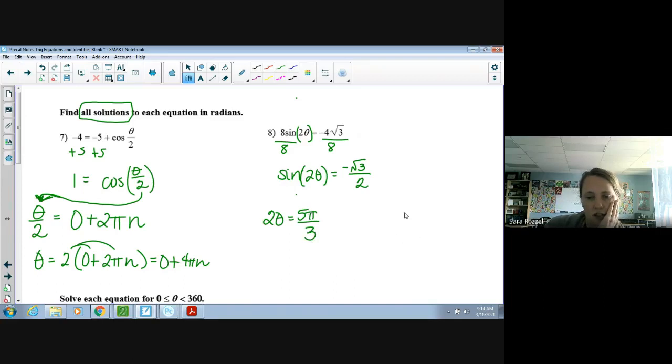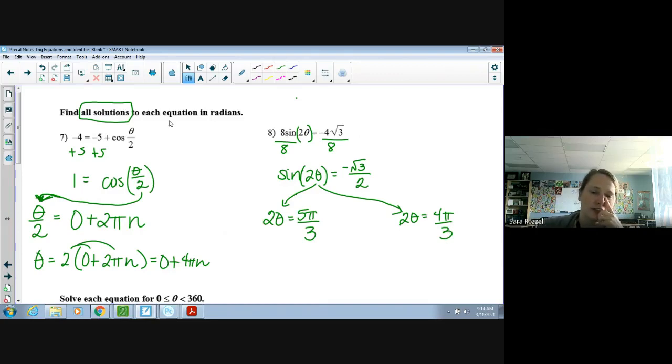And in that case, you need to write out 2 things because we have 2 answers. So 2 theta equals 5 pi over 3 and 4 pi over 3, those came from the unit circle.